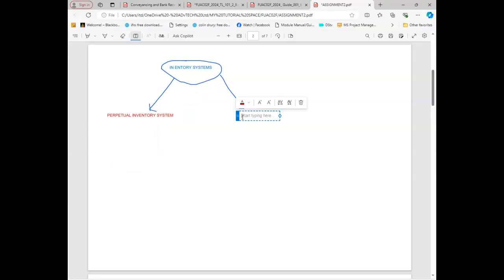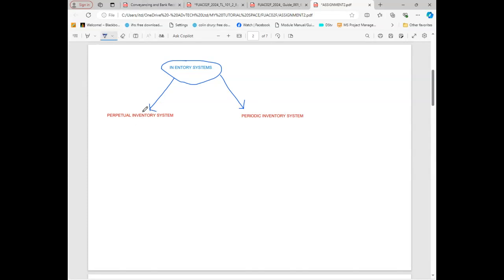And the other one is called the periodic inventory system. So it depends. Sometimes they can ask you to calculate your figures or to record according to the perpetual, and sometimes they can say you must use periodic.